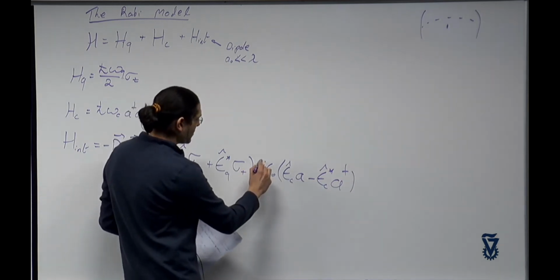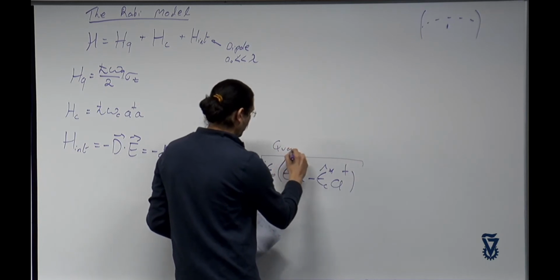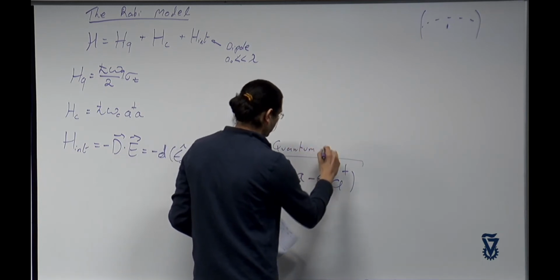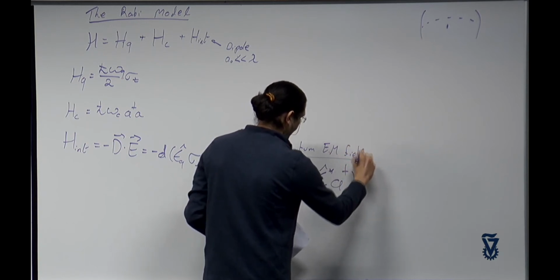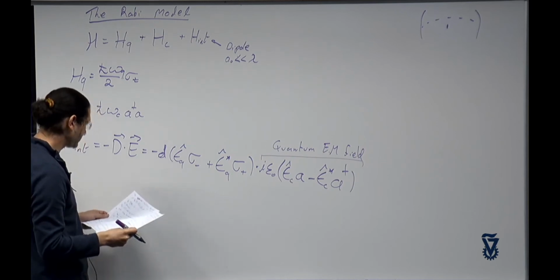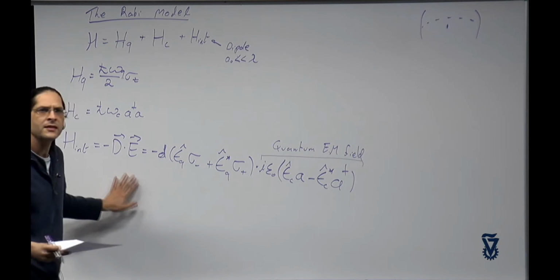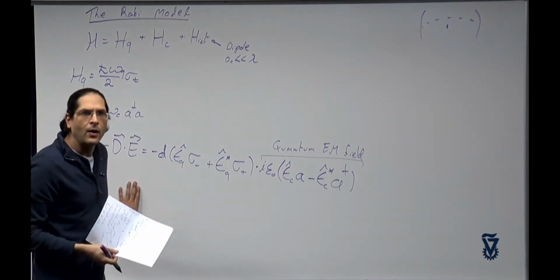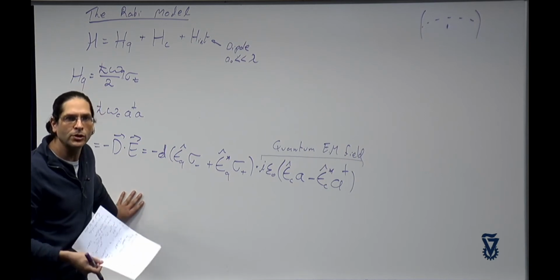So all we did now is we basically put here our quantum field. So this is our interaction, and this is called the Rabi model. Now, it has a very general solution.